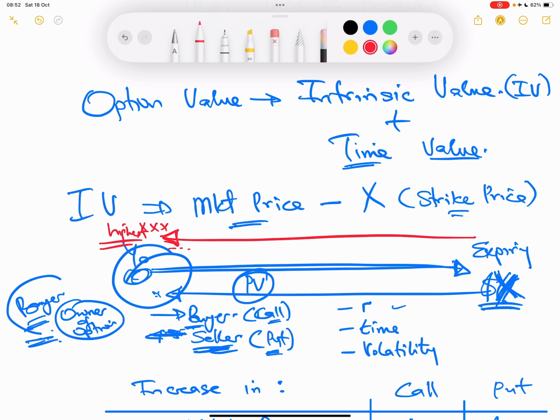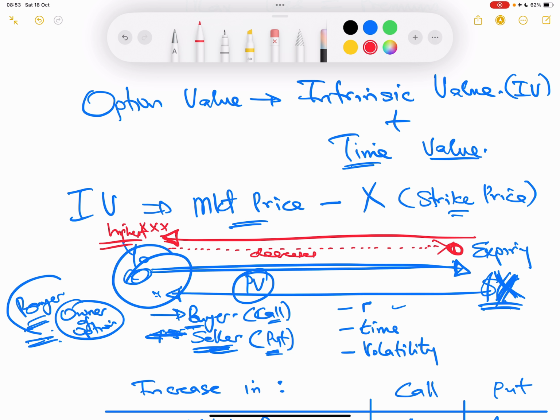And as you get closer to the expiry date, your time value will decrease. And at expiry, your time value is 0. Because on expiry, there is nothing to discount again. There is no benefit from that time value again, because the future has become present value.